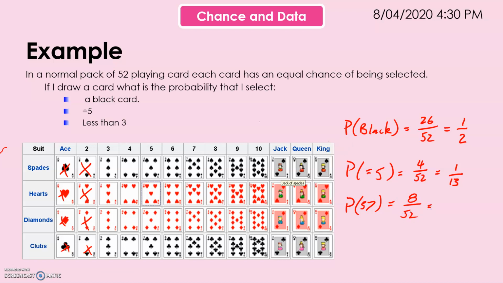But if we think about one suit, it would be 2 out of 13. And that's it. You don't have to simplify probabilities, so either answer would be acceptable. So it makes it a little bit easier that way. So just remember, it's the number of favourable outcomes divided by how many there are in total.